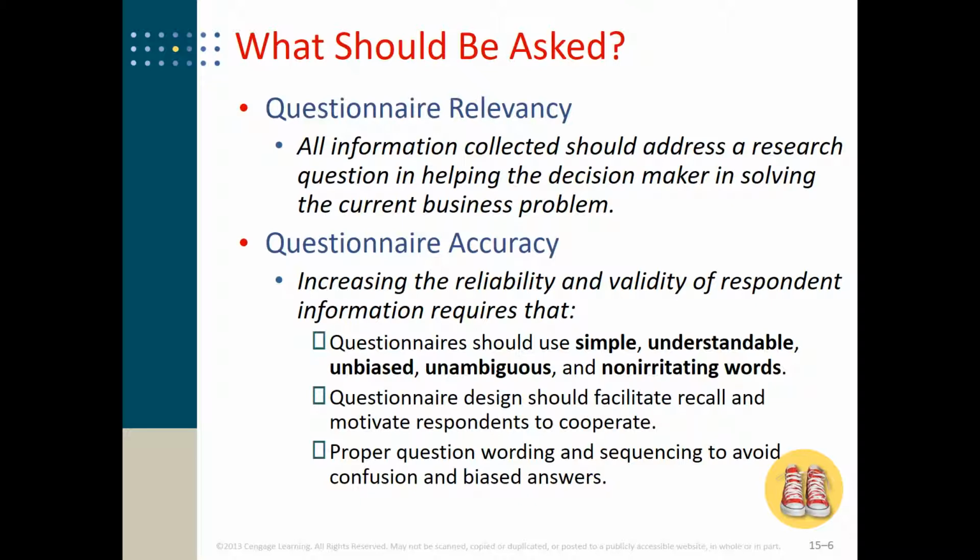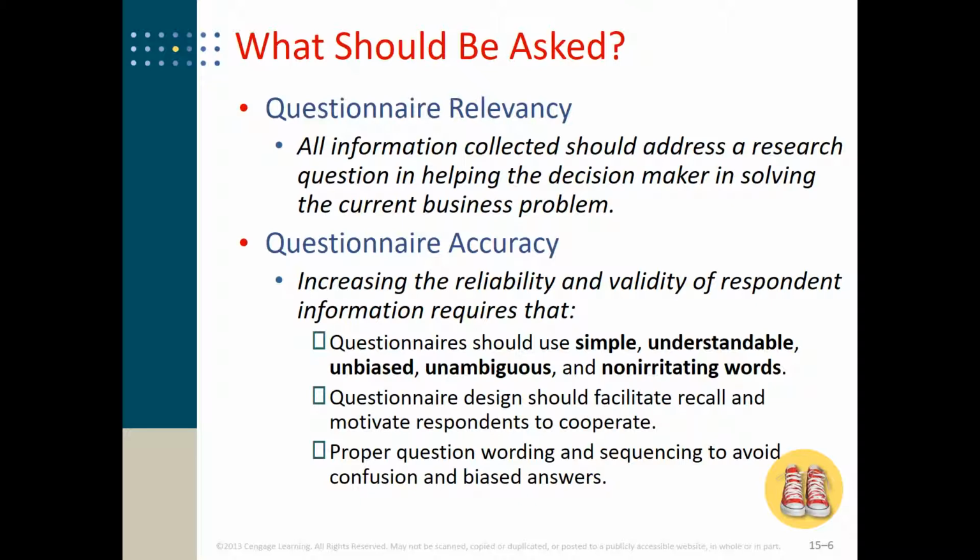The second point is questions have to be accurate. So accuracy means the information has to be reliable and valid. The question should be asked in such a way that respondents provide reliable, accurate answers. And the first rule for a questionnaire being accurate is questions have to be simple.